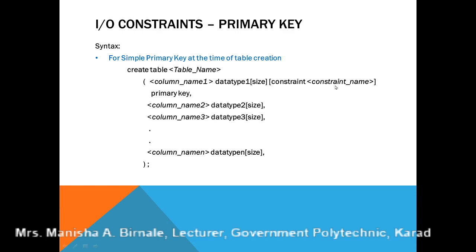Here constraint name is optional, that's why it is shown in square brackets. After that you can specify other columns and their data types. And finally the query is terminated by semicolon. So this is the syntax for creating a simple primary key at the time of table creation.